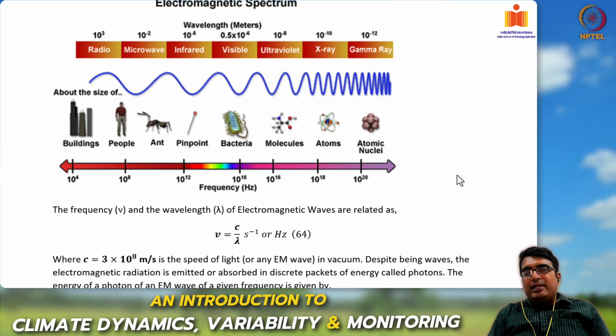Frequency of electromagnetic waves is inversely proportional to its wavelength, with the proportionality constant being the speed of light in vacuum. Hence, small wavelengths correspond to high frequencies, where frequency is measured in second inverse or hertz.